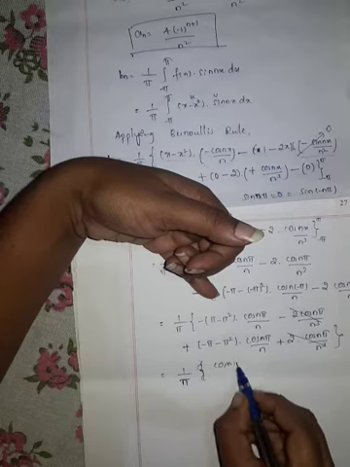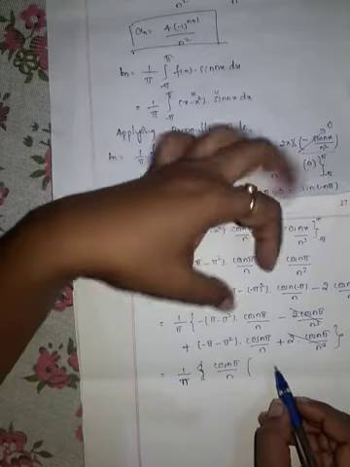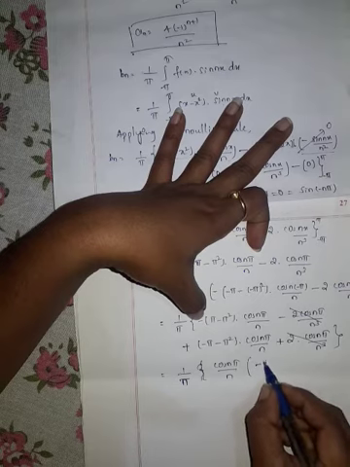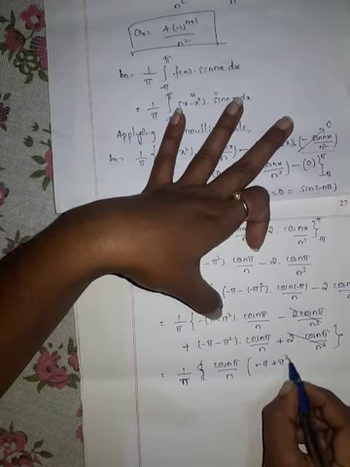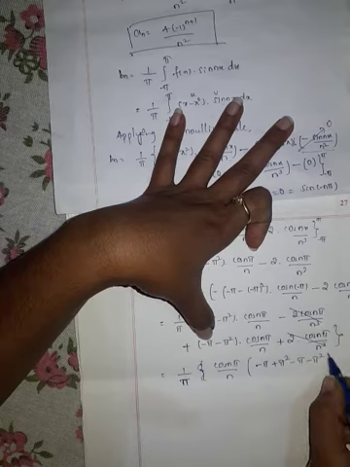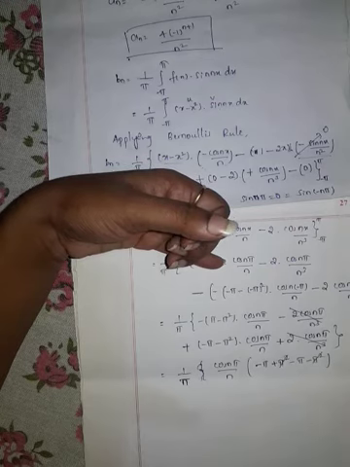Here we are left with, I take this minus sign inside. So minus pi plus pi square minus pi square. So minus pi square plus pi square will get cancelled.